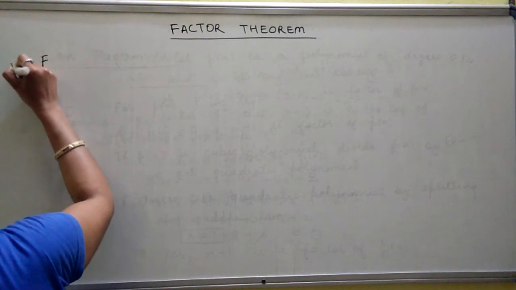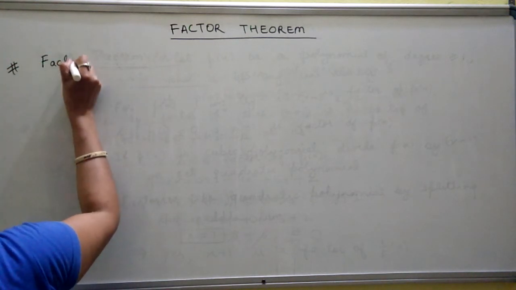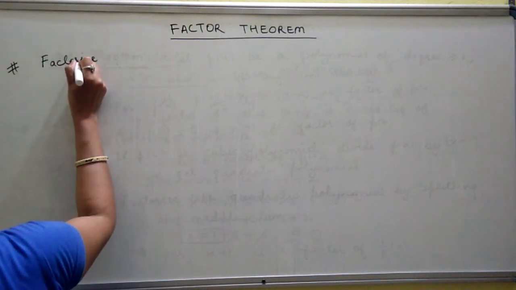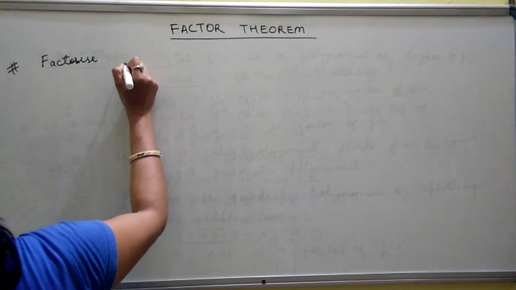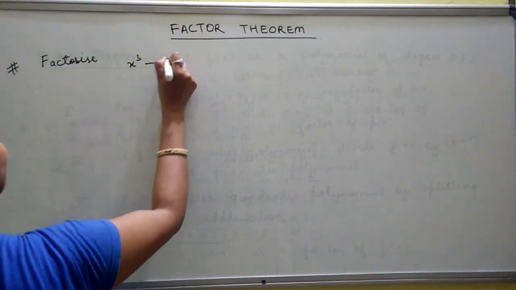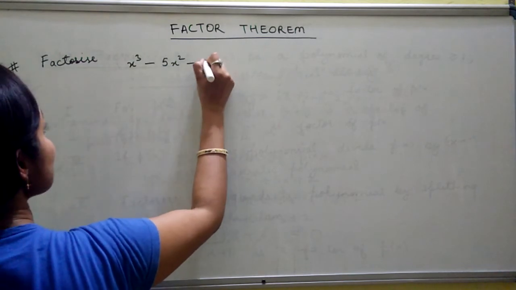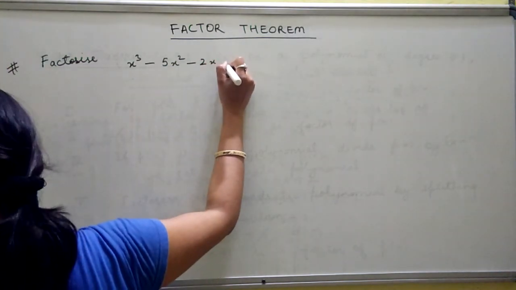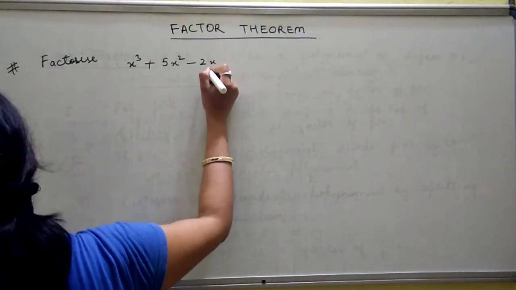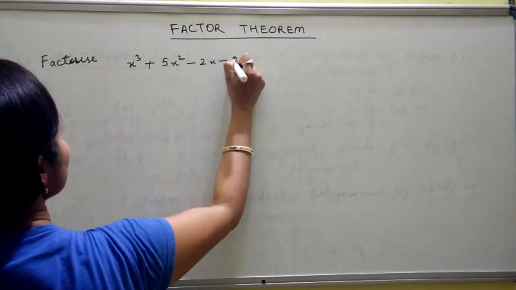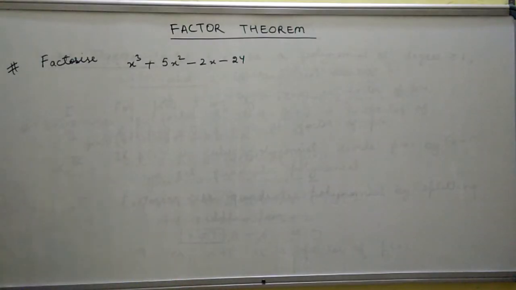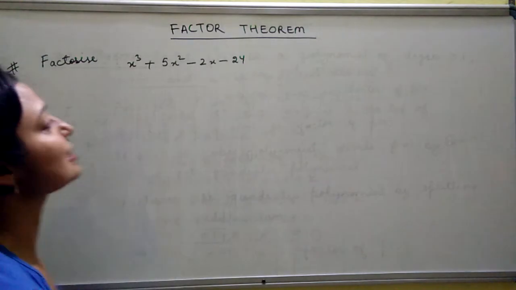The question is given as: factorize x cube plus 5x square minus 2x minus 24. So this is the question, how to factorize this.